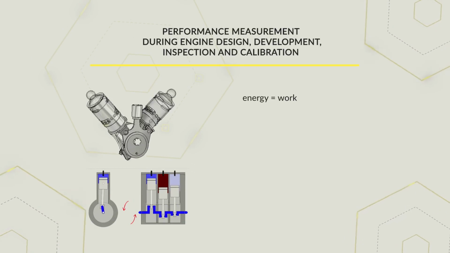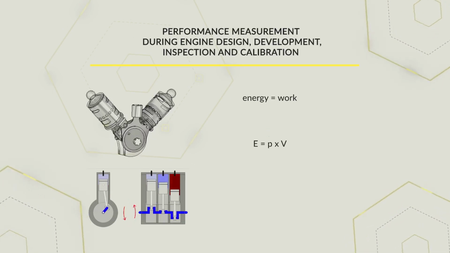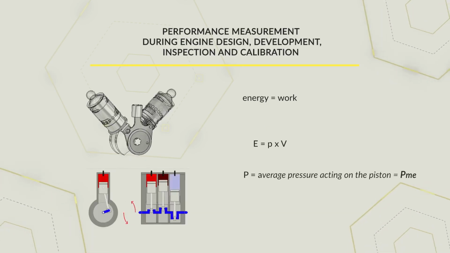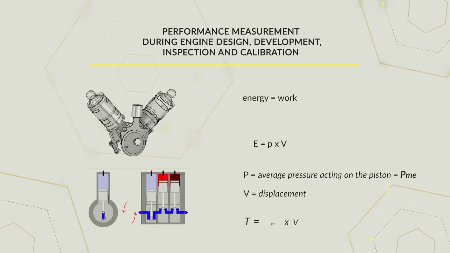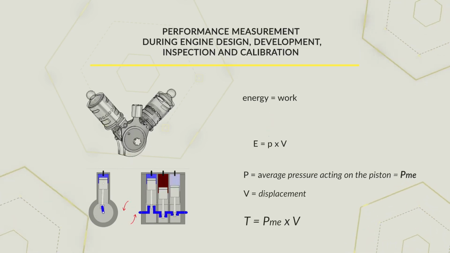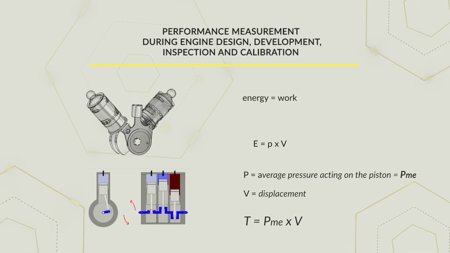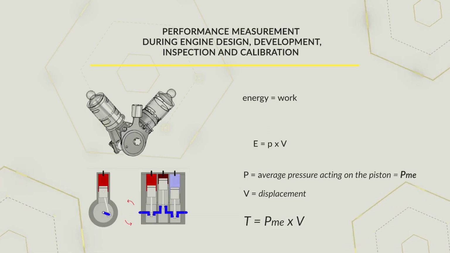Energy, or work, is the product of a pressure for a volume. In our case, we are dealing with the actual average pressure acting on the piston, while the volume obviously corresponds to the displacement. The torque, on the other hand, is therefore the product of the displacement by the mean effective pressure. Of course, this is a fictitious pressure, which serves as a reference and to perform engine design calculations.